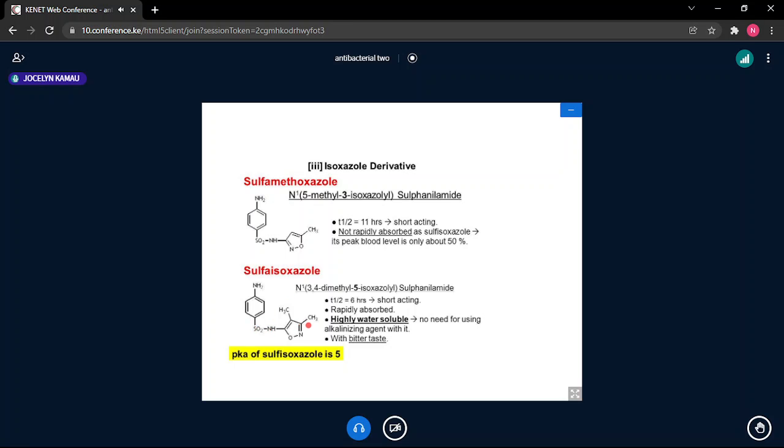So that drug has good lipid solubility and good water solubility. So there is a balance of lipid-water partition coefficient. It is well ionized and therefore has minimal or no crystalluria. No need for using an alkalinizing agent with it, because it has very good water solubility.